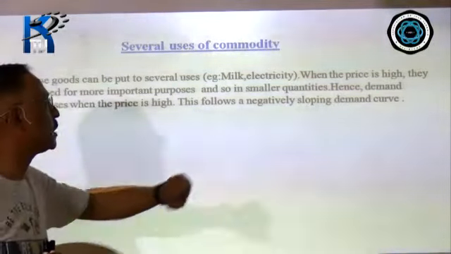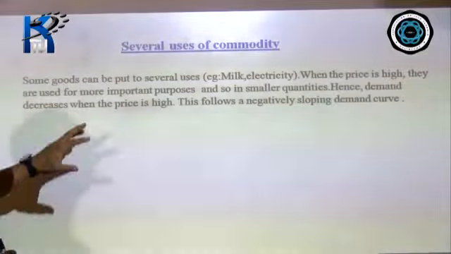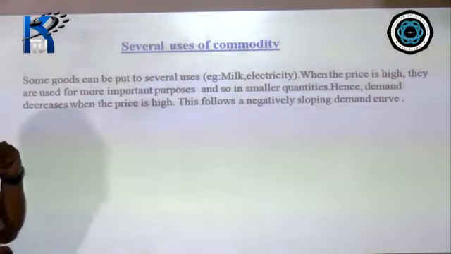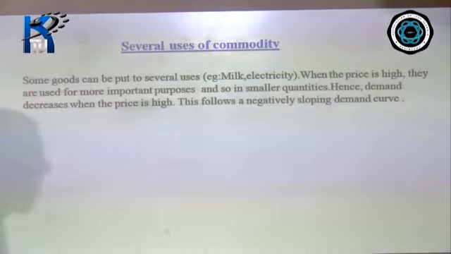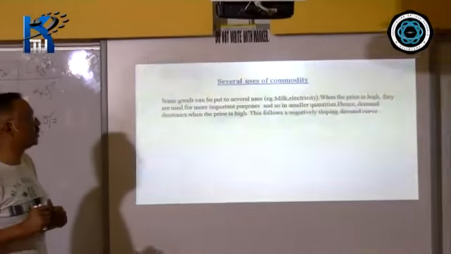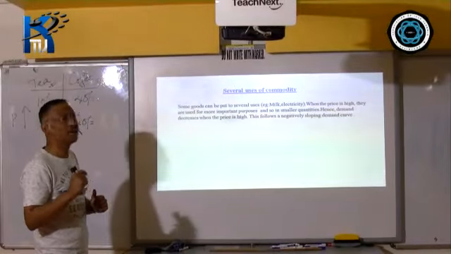Negative sloping demand curve means when the price increases, the demand will decrease. So these are the 4 reasons why the demand curve is sloping downwards towards the right. There is an inverse relationship between the price and the quantity demanded.